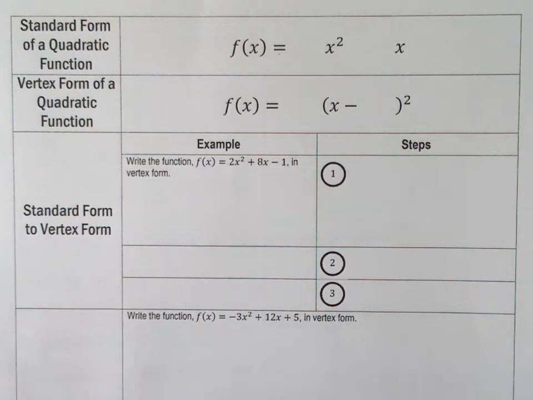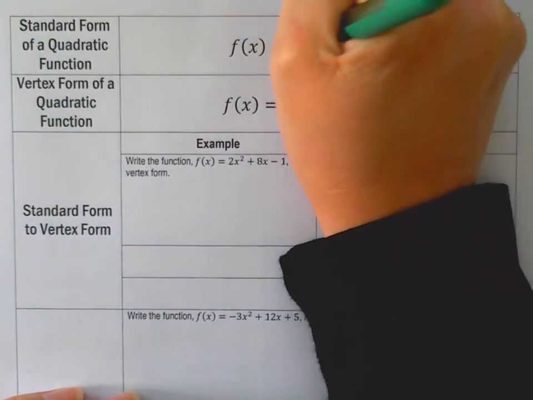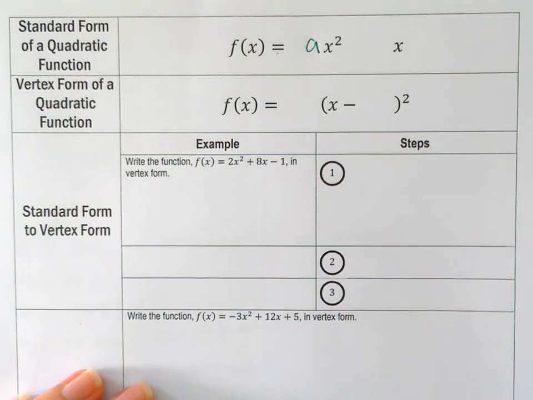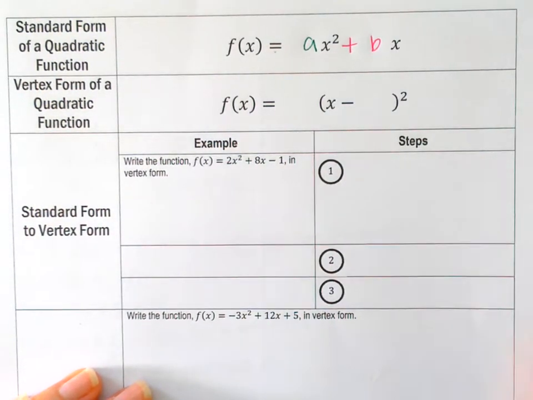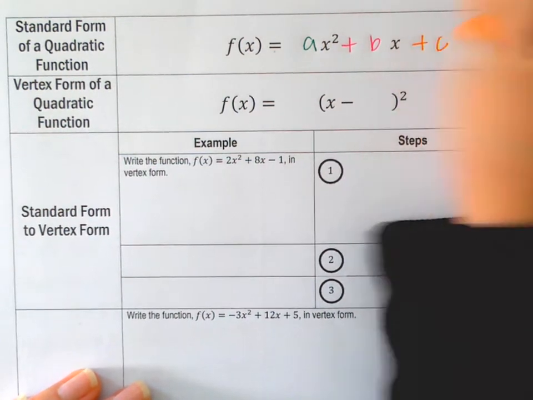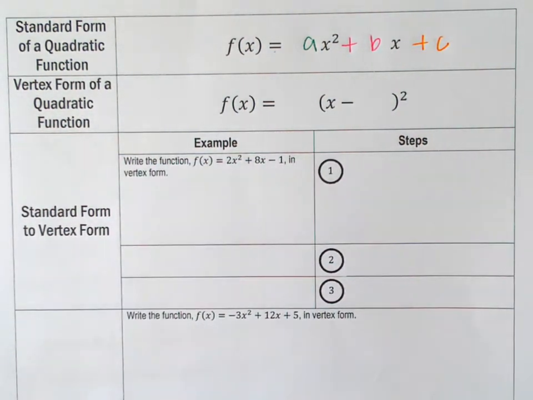The standard form is ax squared plus bx plus c. This is not new. That was the same standard form from the last video.